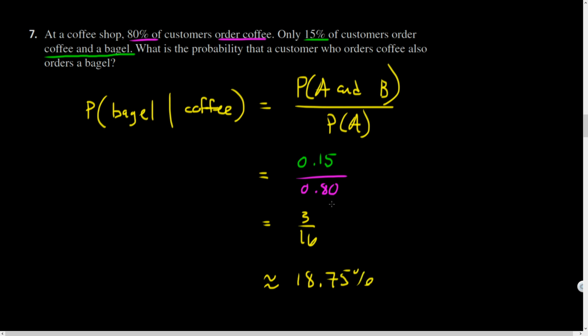So 18.75% of coffee buying customers get bagels, is the way you would think about that, while 15% of your entire customer base gets coffee and bagels.